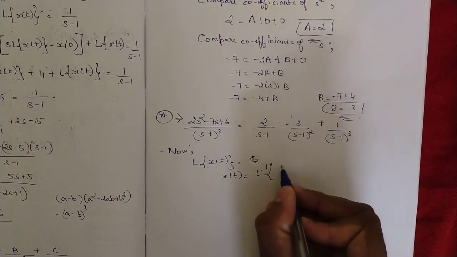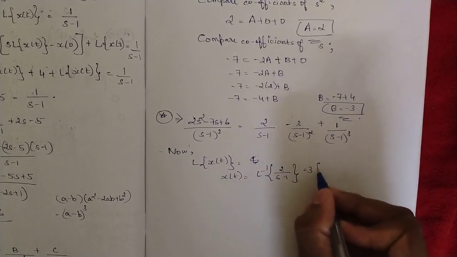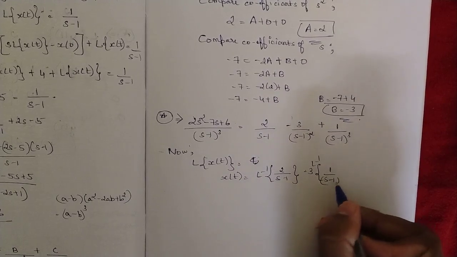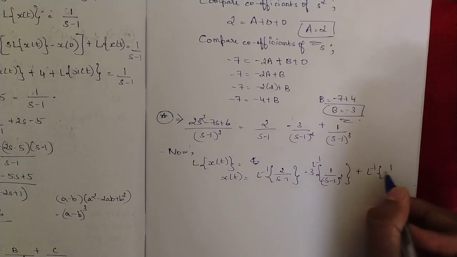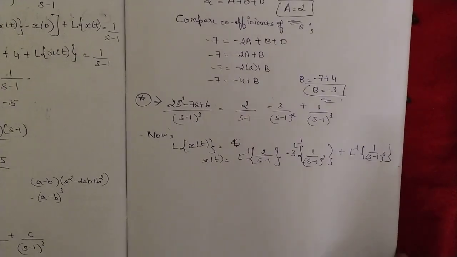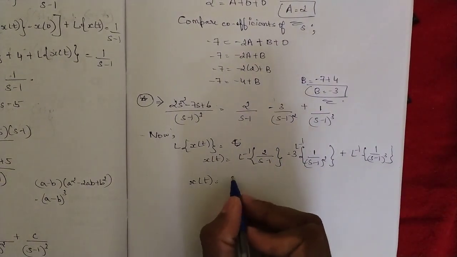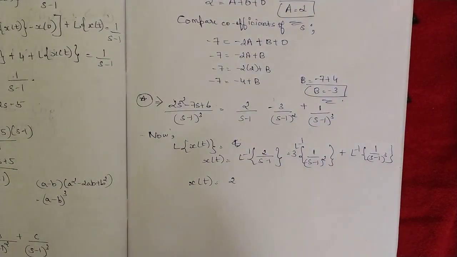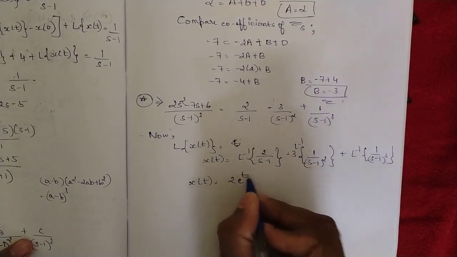So L inverse of 2 by s minus 1, minus 3 is constant, L inverse of 1 by s minus 1 the whole square, plus L inverse of 1 by s minus 1 the whole cube. So x of t is equal to 2 into L inverse of 1 by s minus a. It is given by e to the power t, right? The value of a is 1, so e to the power t.